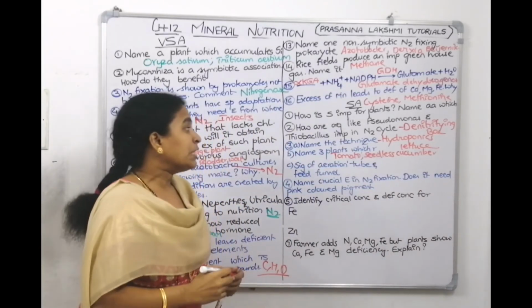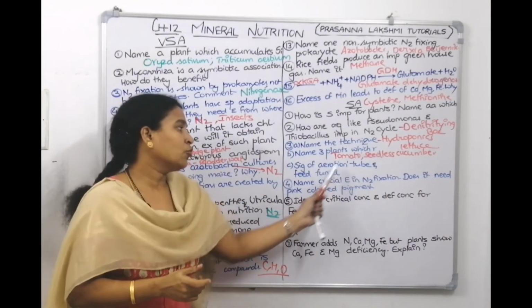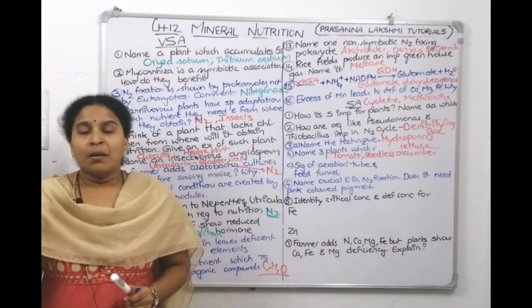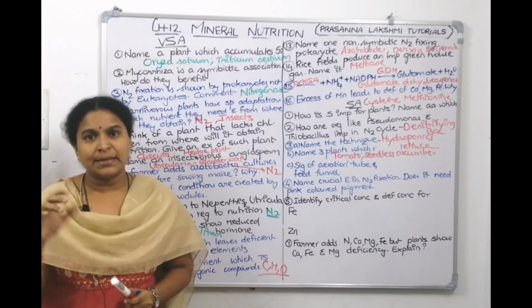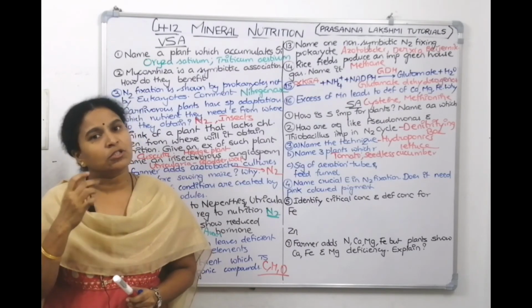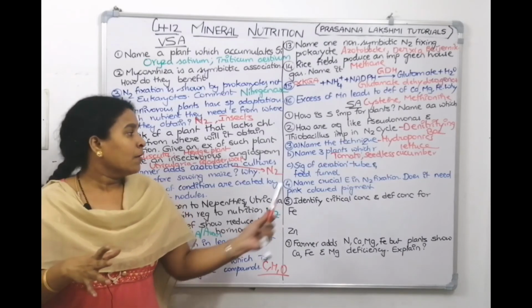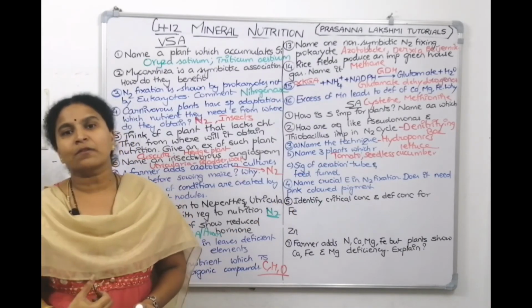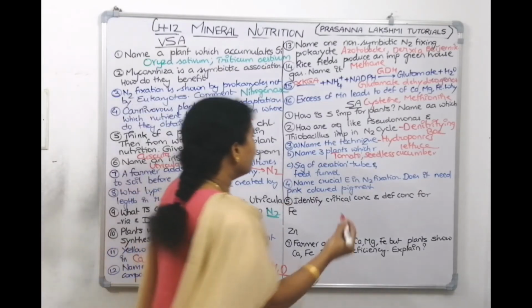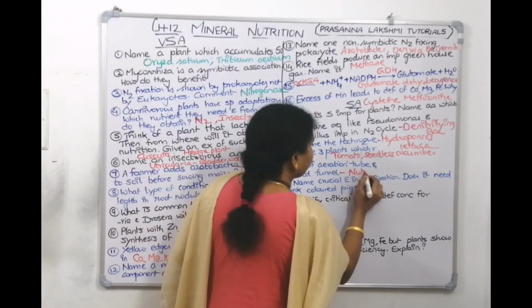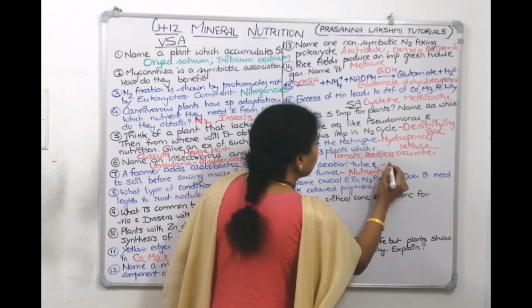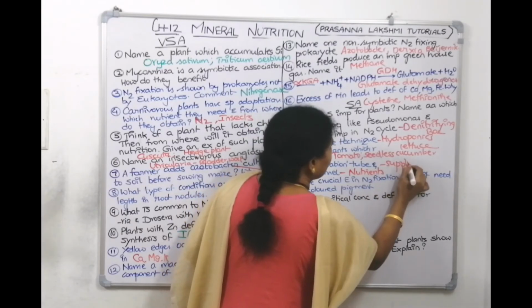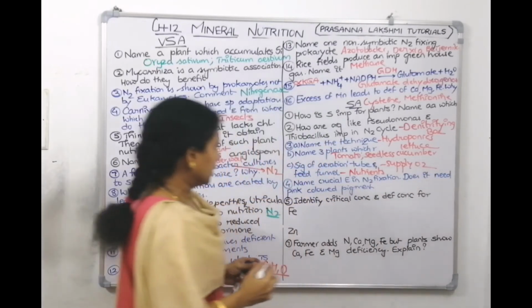Next question. Significance of the aeration tube and the funnel. Plant requires oxygen. If you don't provide aeration, roots will die, plant will die. Feeding funnel will provide nutrients, right? So nutrients are also required for the plant. Feeding funnel will provide nutrients and aeration tube will supply oxygen. Next question.